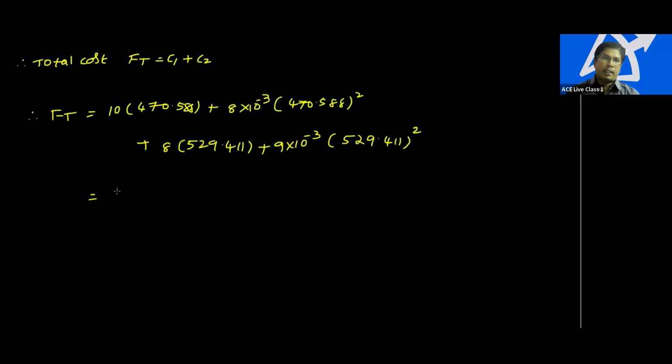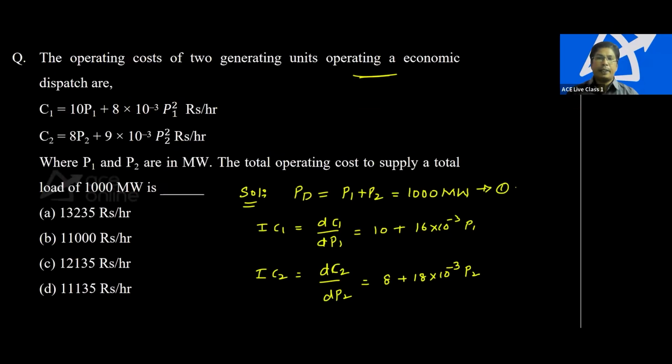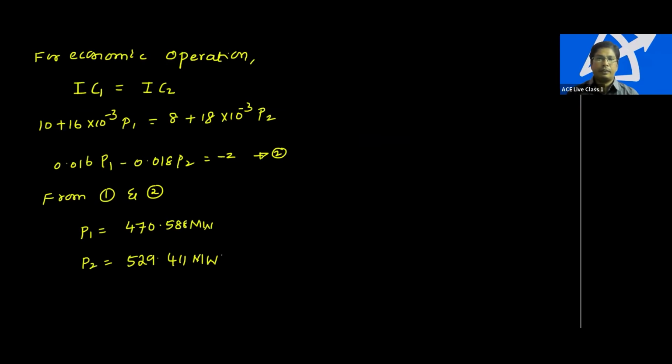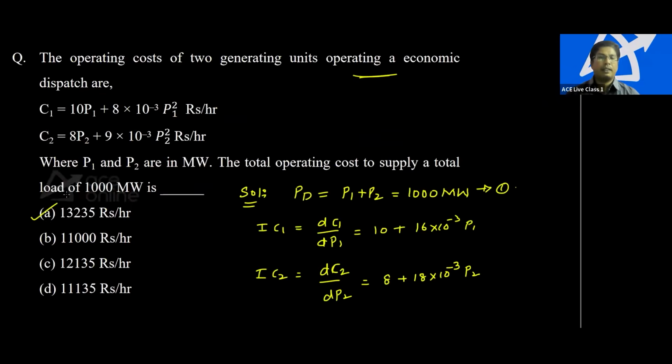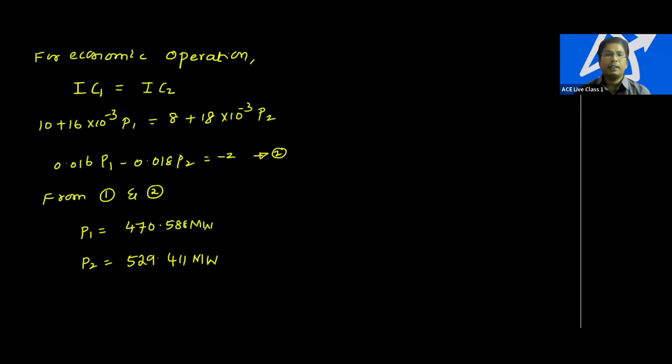It is 13235.27 rupees per hour. So 13235. Option A is the perfect answer. Somewhat lengthy question, sometimes expected. Right, students?